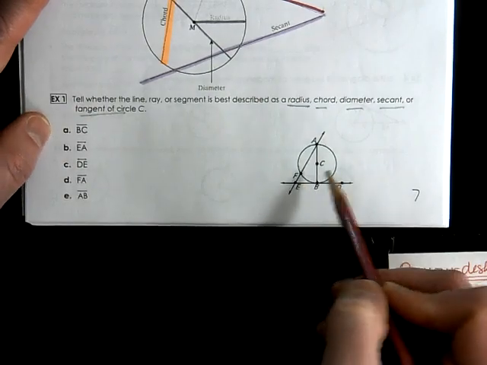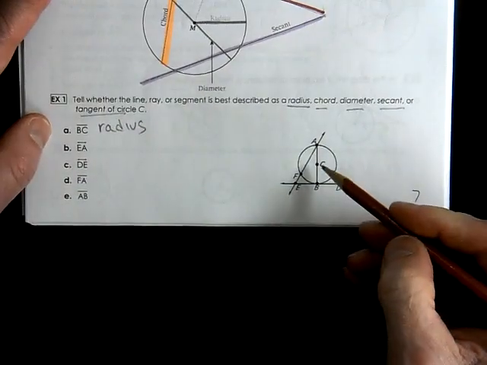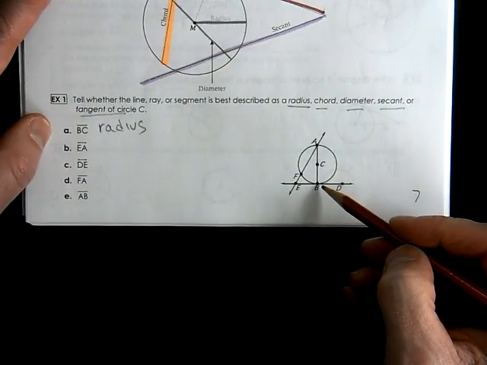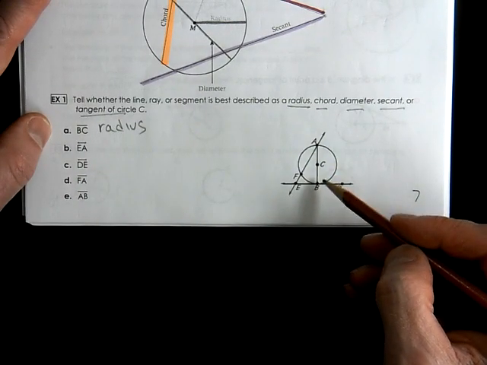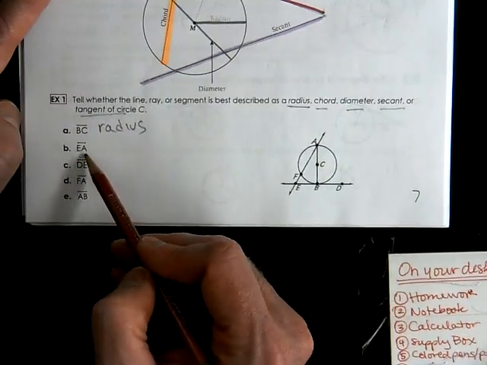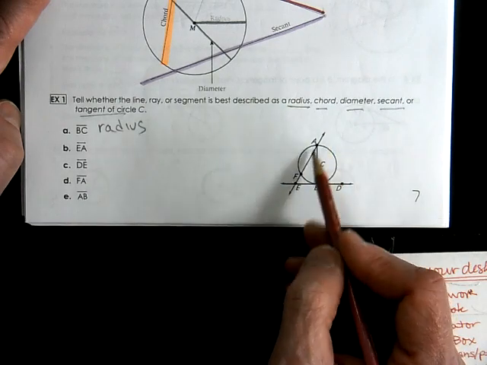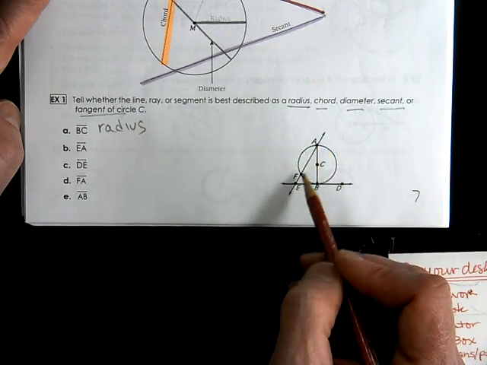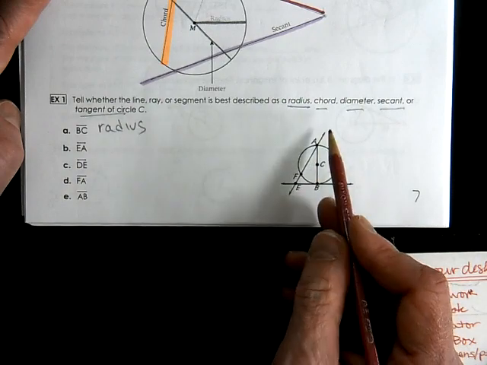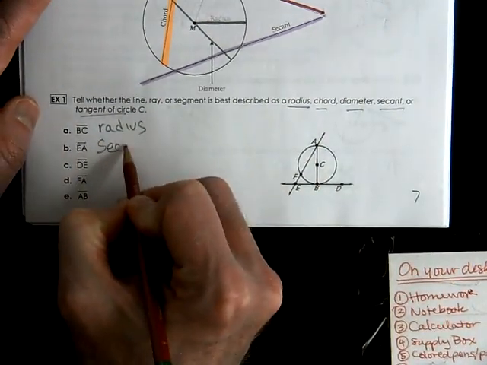So BC is going to be the radius. It goes from the center of the circle out to the edge of the circle. That's a segment. Line EA. E to A looks like that would go right inside and through and outside the circle. So that's going to be called a secant.